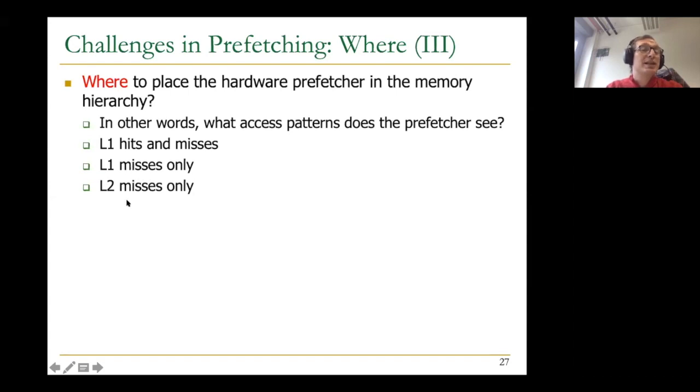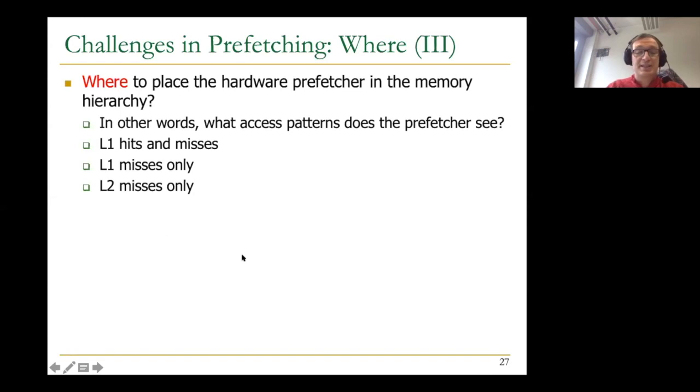Many prefetchers also look at L2 misses for the same reason. If the L2 hits most of the time, maybe you don't care. The prefetcher that I showed you created entries on L2 misses, but then it was trained on L2 hits, if you remember. Basically, it created tracking entries only when you get an L2 miss.